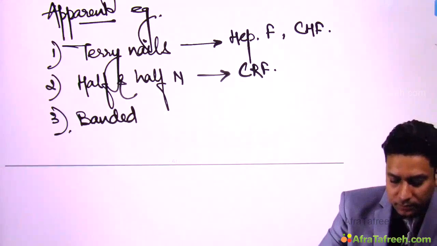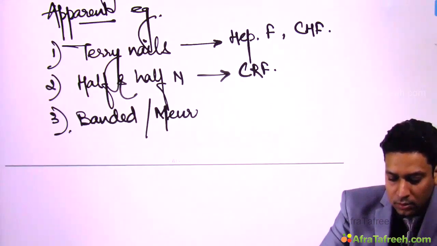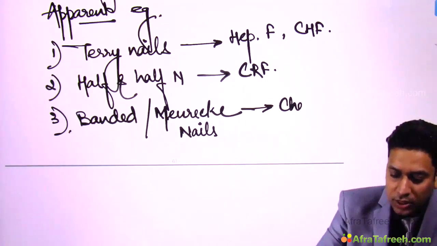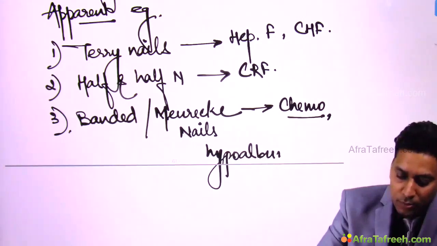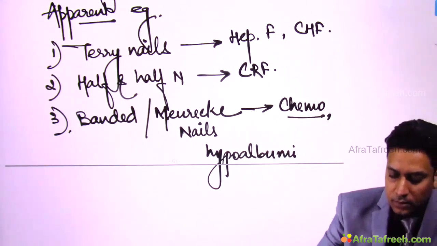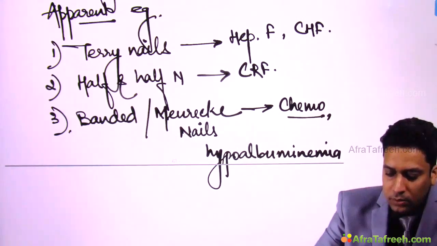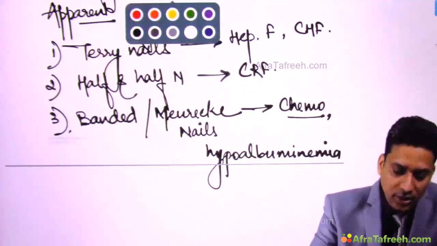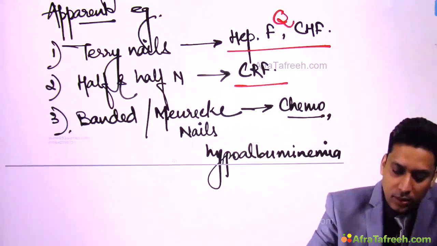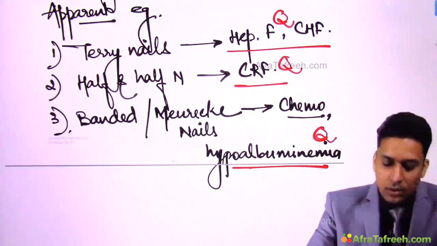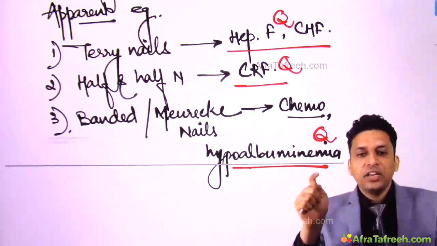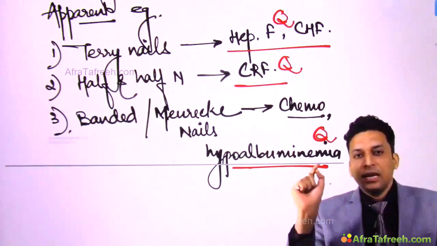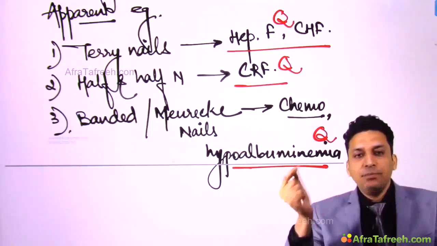Banded nails, also known as Muehrcke nails, are seen in patients undergoing chemotherapy, also in patients suffering from hypoalbuminemia. Already these questions have been asked, so these are important. So terry nails, hepatic failure, congestive heart failure; half and half nail, chronic renal failure; and banded or Muehrcke nails in patients undergoing chemotherapy and patients suffering from hypoalbuminemia.